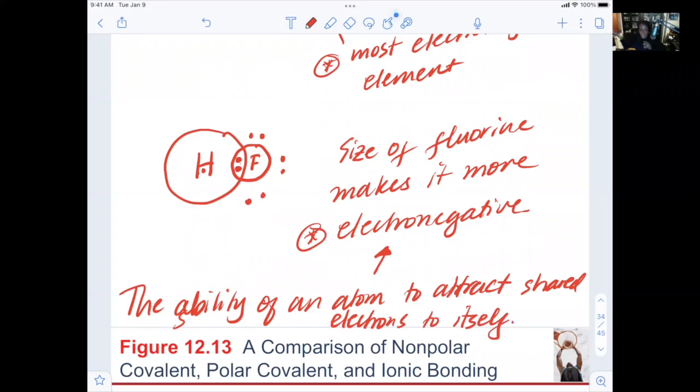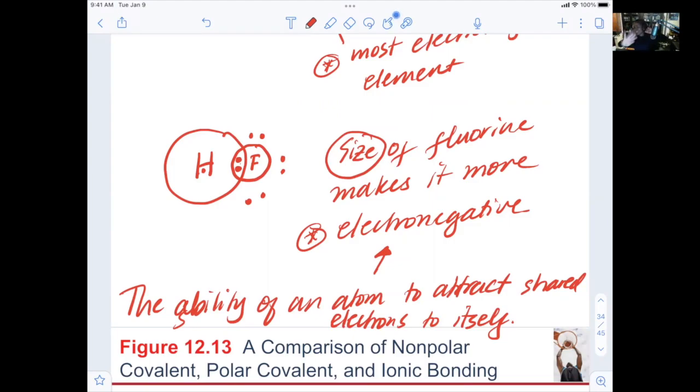Now, if you want to dig deeper, you're curious to know, what makes it do that? The size of the atom, okay, number one. The other one has to do with where the shared electrons are compared to the nucleus, which is pretty much the same thing, right? The size of the atom. There's something called the nuclear charge, which is the attractive force in the nucleus.